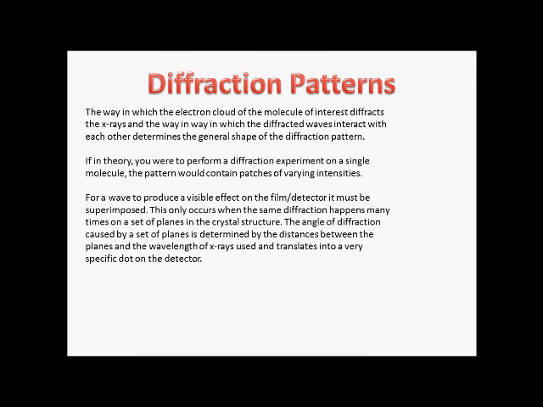Obviously it's not possible to isolate and run an experiment on a single molecule, and that's why we have to use crystals. Because molecules in the crystal are regularly arranged, and all the X-rays are coming from the same direction, that means that if a particular part of a particular molecule diffracts the X-rays in a certain direction, then that effect will be duplicated by other molecules in the crystal.